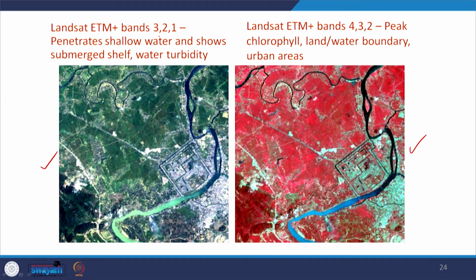On the right side is the false color image, and in the false color image one can see the forest area in pinkish and red color, and the water body, with deep water and shallow water in different colors. You can see light blue color, very dark blue color, and then one can see the urbanization very clearly.